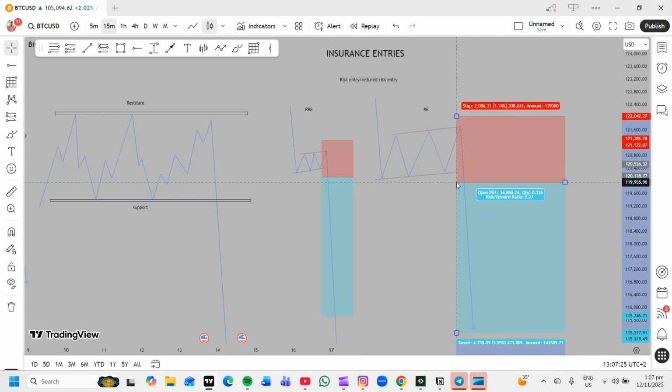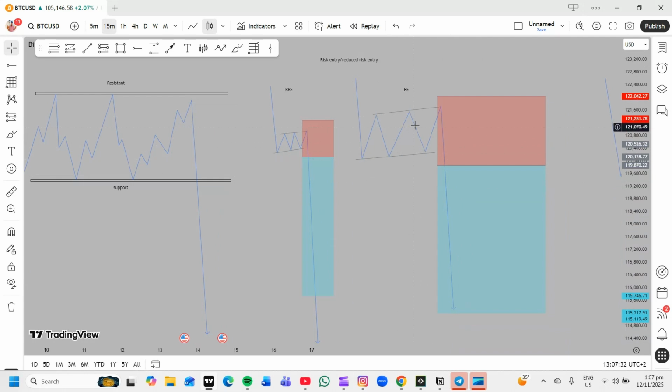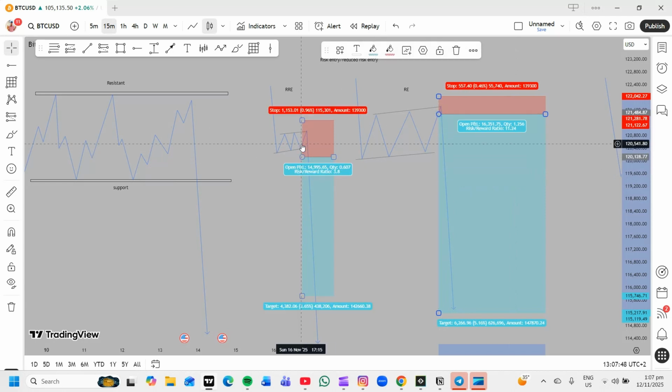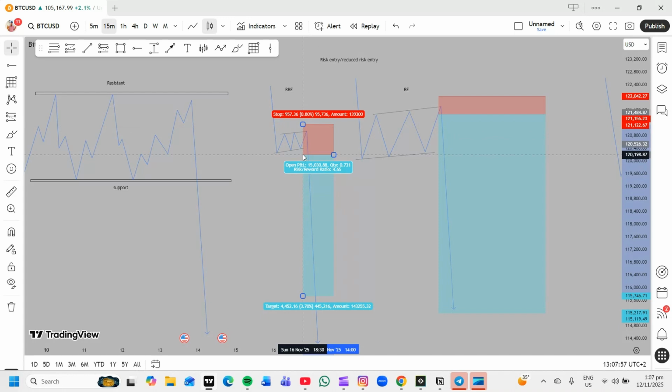It would be better to use a risk entry on a larger pattern like this, because obviously the stop loss is wider and the risk to reward is just 2%. So when the pattern is bigger like this, use a risk entry. But if the pattern is tight like this, don't. That would be greedy. So just use a reduced risk entry.